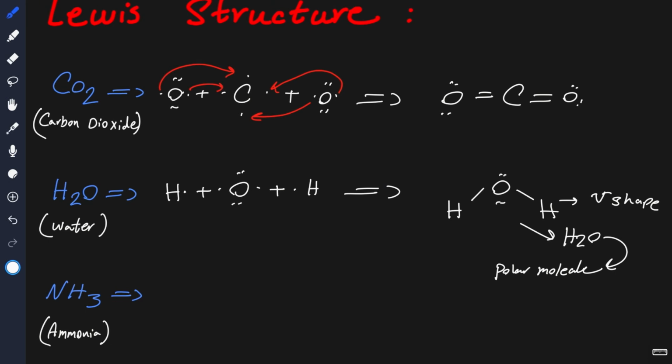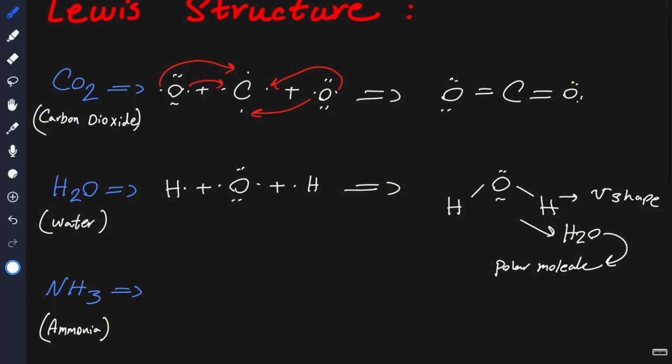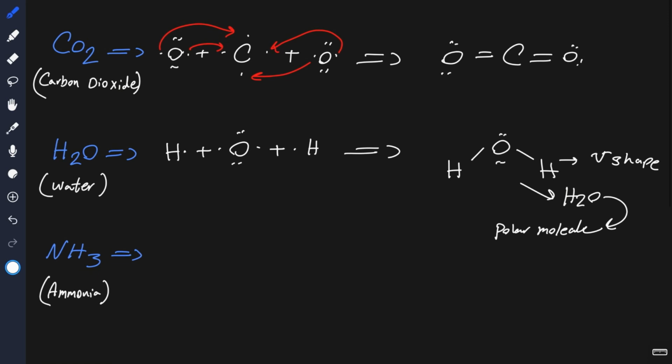Ammonia or NH3. What is the central atom? It's nitrogen. Nitrogen belongs to group 15, so it has 5 valence electrons, plus 3 hydrogen.